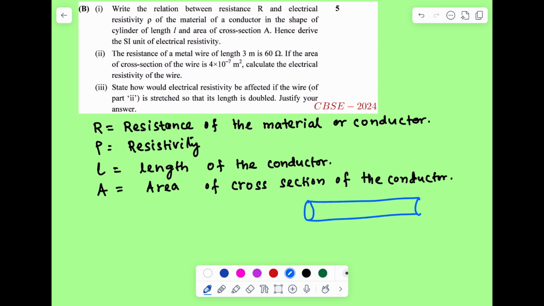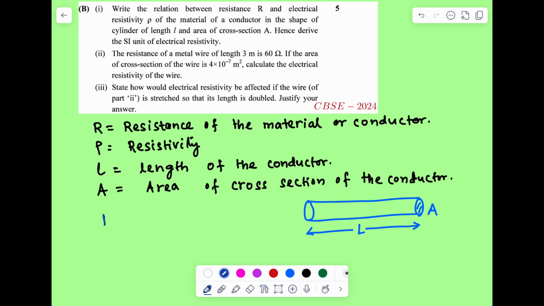Suppose this is a conductor. This is the area of cross section A. This is the length L. R is resistance and rho is dependent on the material, which is called resistivity. Now we know that resistance is directly proportional to the length of the conductor.